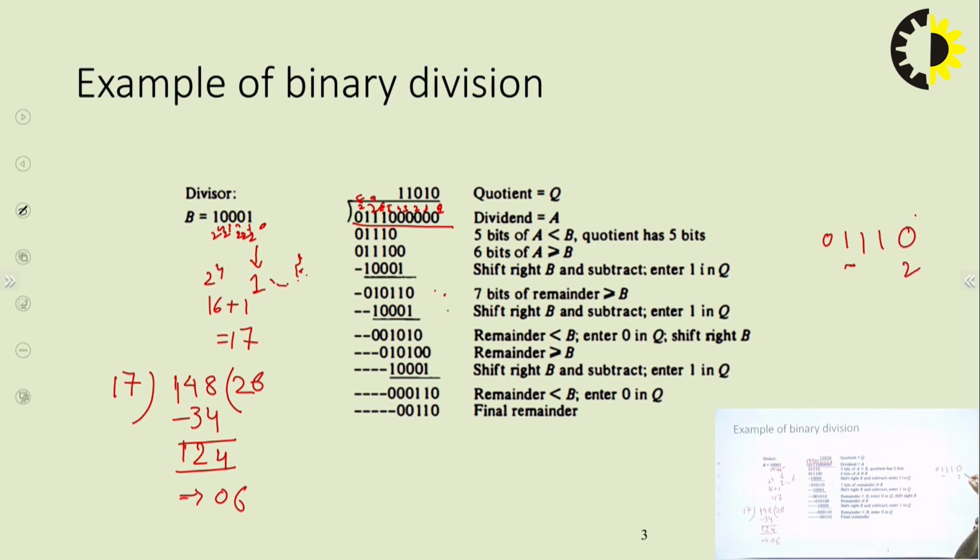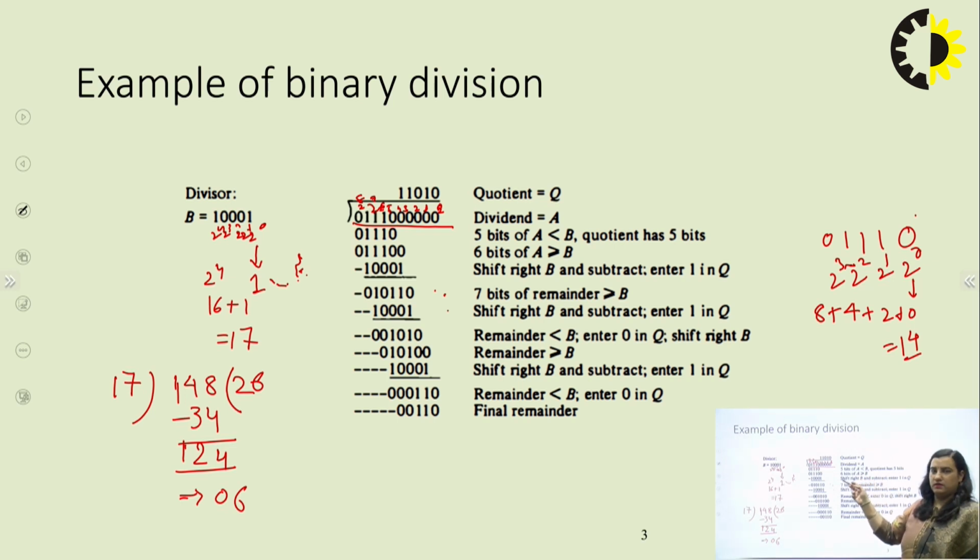So it is 2 raised to power 0, 2 raised to power 1, 2 raised to power 2, 2 raised to power 3. So it is 0 plus 2 plus 4 plus 8. So it is 14. Now 14 is smaller than 17, so we can't perform the division here. So we will take one more bit, 1 0, from here.